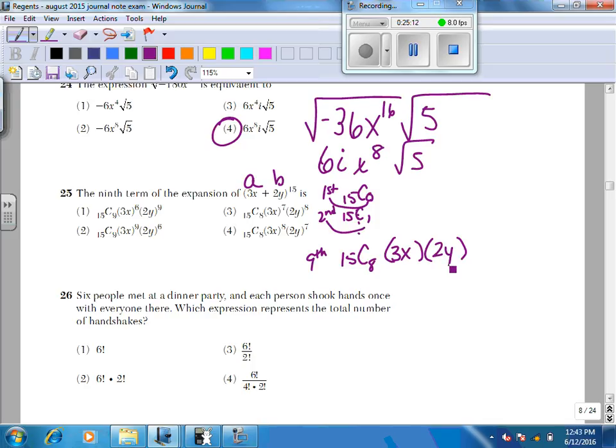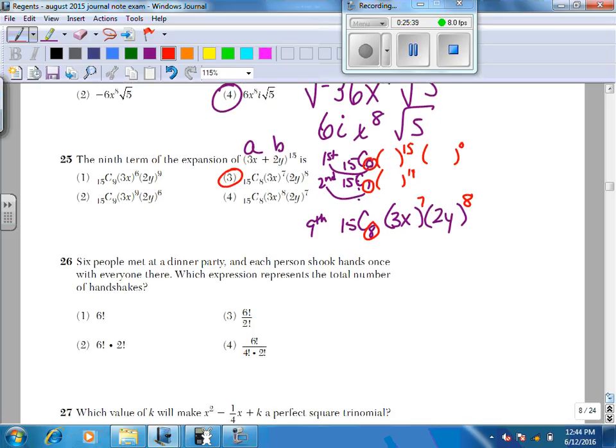Second parenthesis is our b value, which is 2y. This a value would start to the 15th power and have to count down, right? 14th, etc. The b value would start to the 0 and have to count up. Well, it's going to match with this. So that's going to be 8. This is going to end up being 7. You could map it all out if you want to. I'm just trying to save myself some time. So that gives me choice 3.